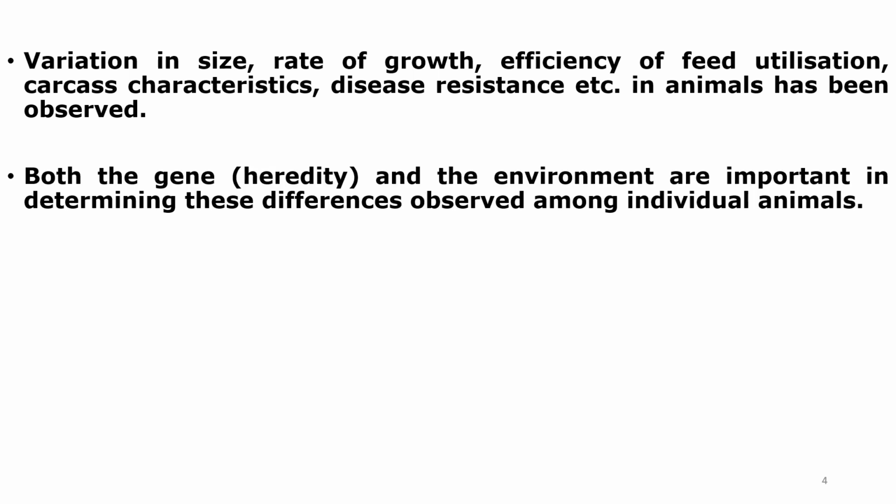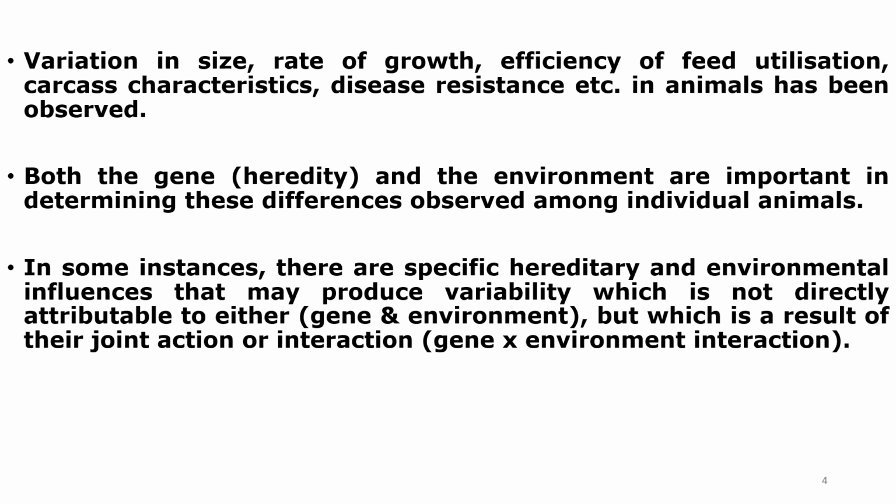Now, variation in size, in the rate of growth, for example, efficiency of feed utilization, carcass characteristics, and disease resistance have been observed in animals. And for this variation to occur, both the genotype and the environment are important in determining the observed differences among individual animals.